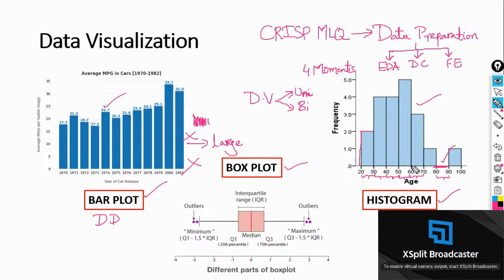Additionally, the people whose age lies between 50 to 60 are more in number. These are some interpretations and understanding that we can draw from the plot. But by looking at the raw data, can you draw such interpretations?